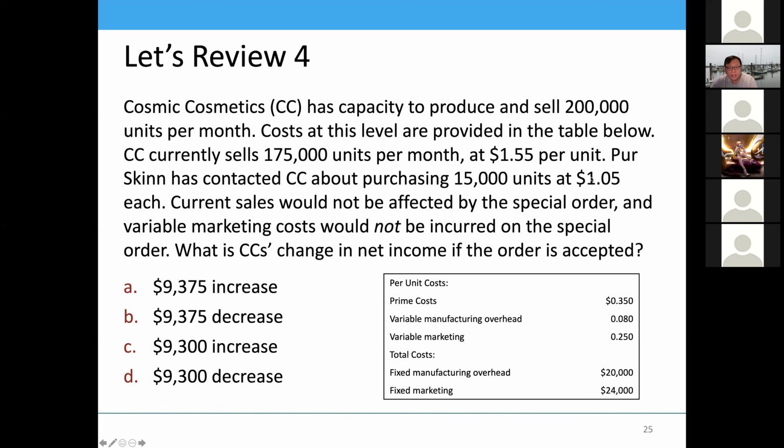And the selling price is 1.05. So the difference is 62 cents. And 62 cents times 15,000. So you are right, Karen. It's a 9,300 increase. Good job.